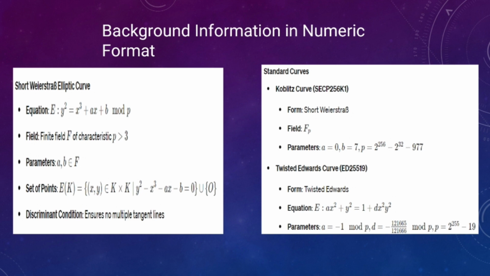While moving toward the twisted Edwards curves, which have one parameter equal to -1 mod p, we got the information of the equation also, which is E: ax squared plus y squared equals 1 plus dx squared y squared.